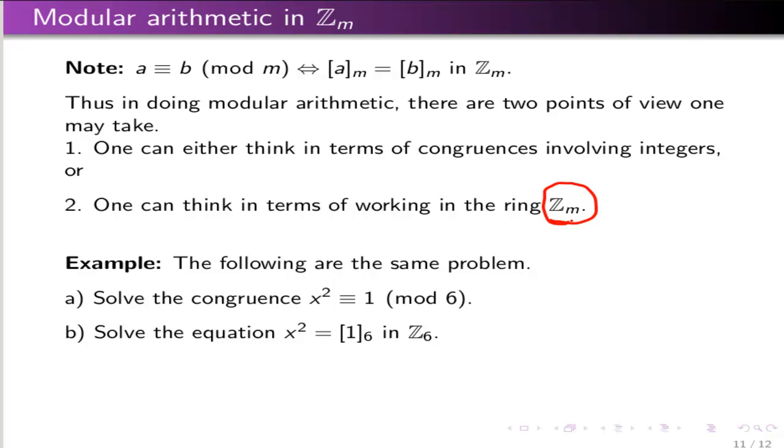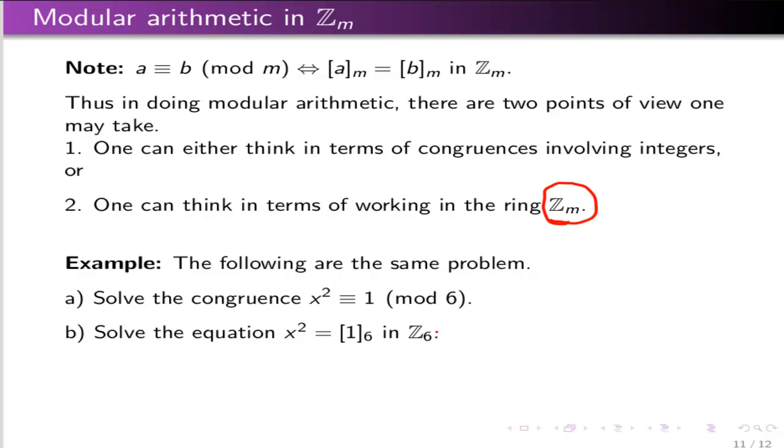So for example, the following are the same problem. A: solve the congruence x squared congruent to 1 mod 6. Or B: solve the equation x squared equals the residue class 1 in the ring Z_6.